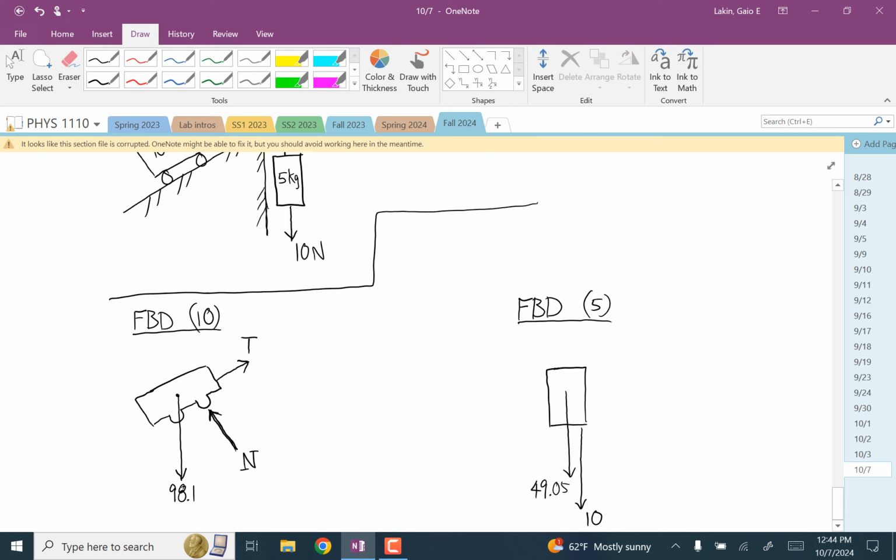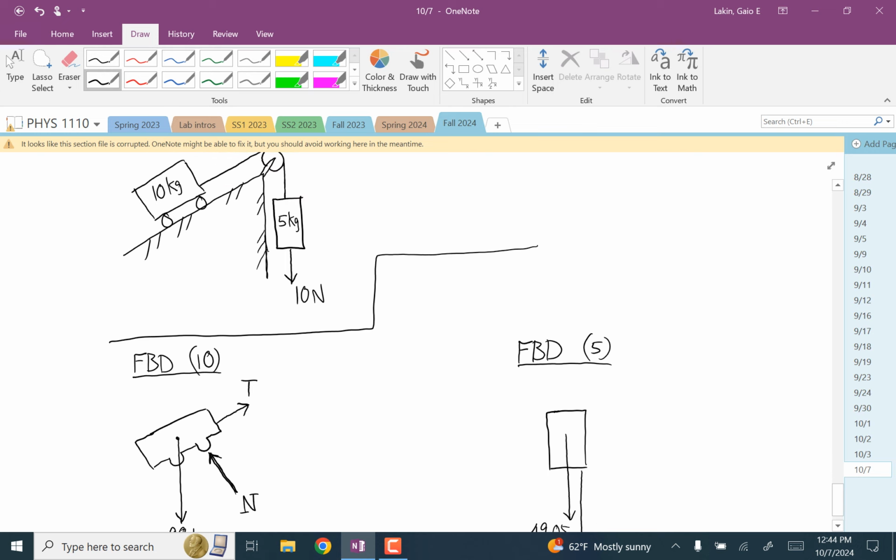And then the only other place that there's contact is the cable. That's parallel to the cable, away from the body.